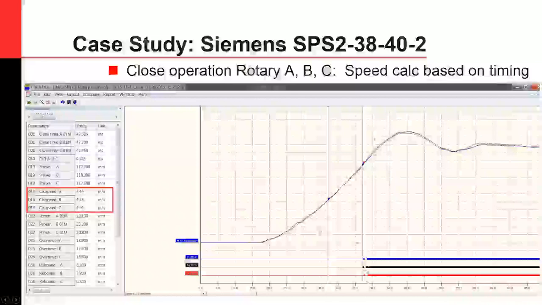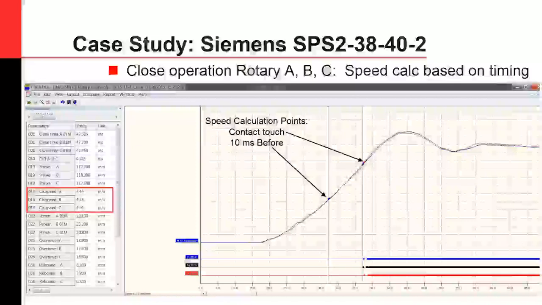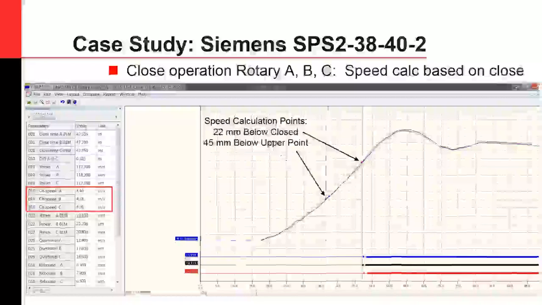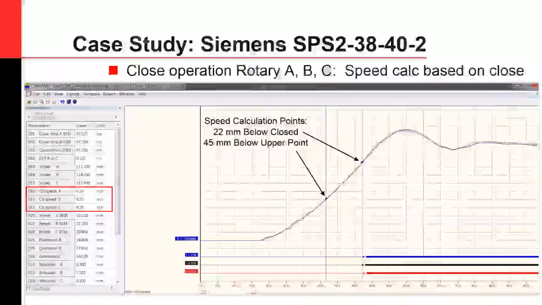Instead of referring to time, because we do have slightly different times for each of the three phases, let's actually refer and just put these below closed. So if I look at this and I say, okay, 22 millimeters below closed and 45 millimeters below that upper point, now you'll see our closed speeds 4.34, 4.23, 4.29.